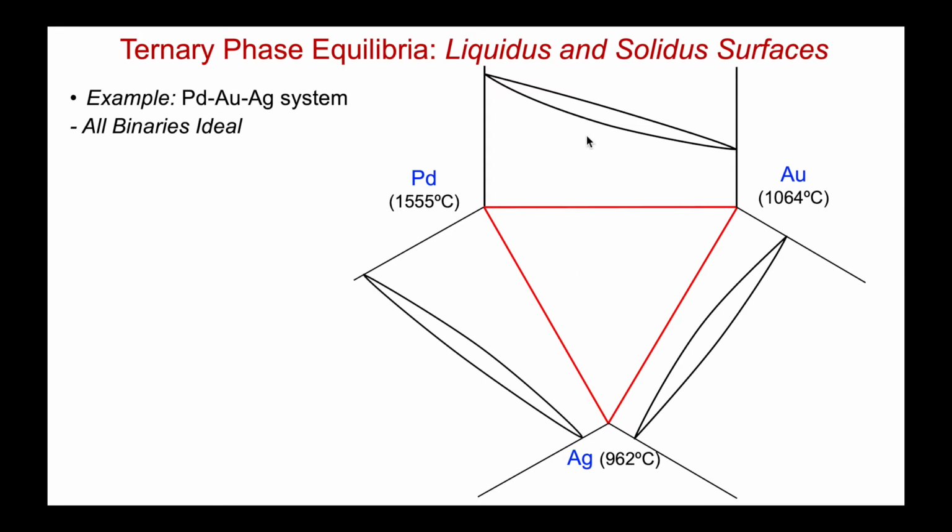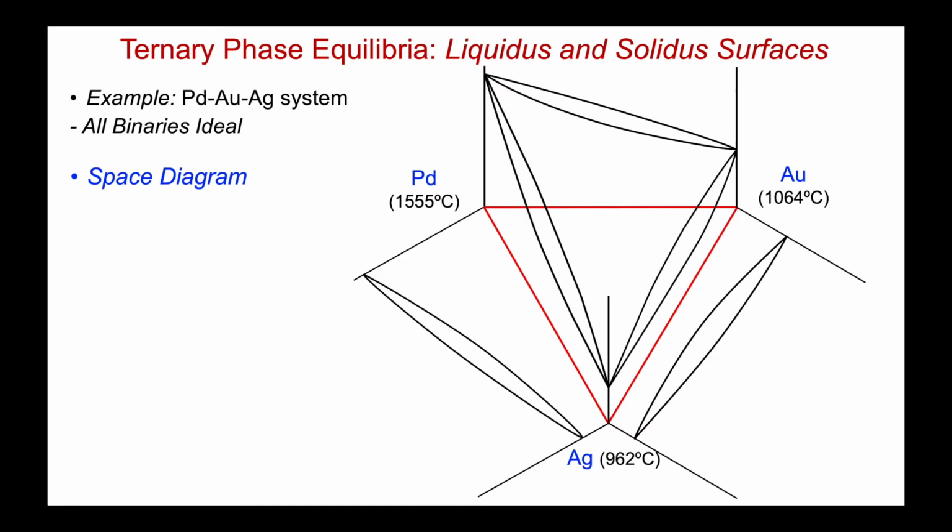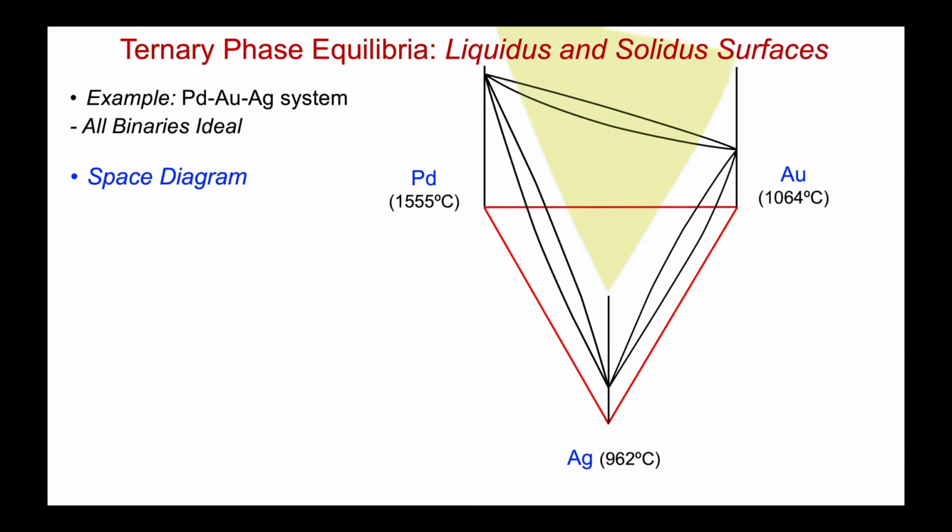So here's my 3 component binaries. Now I fold them over if you like, or bring them together in the space diagram for the ternary system. Let's put that together. Now let's just get rid of those 2 binaries. There's my solidus surface, and on top we'll add the liquidus, just as we did before in blue.